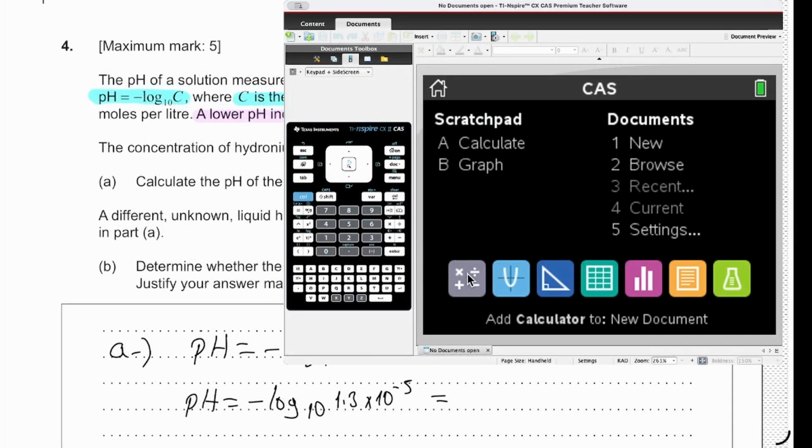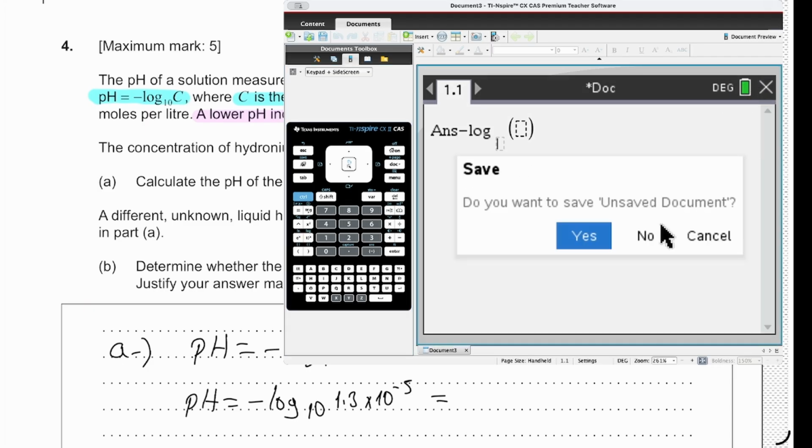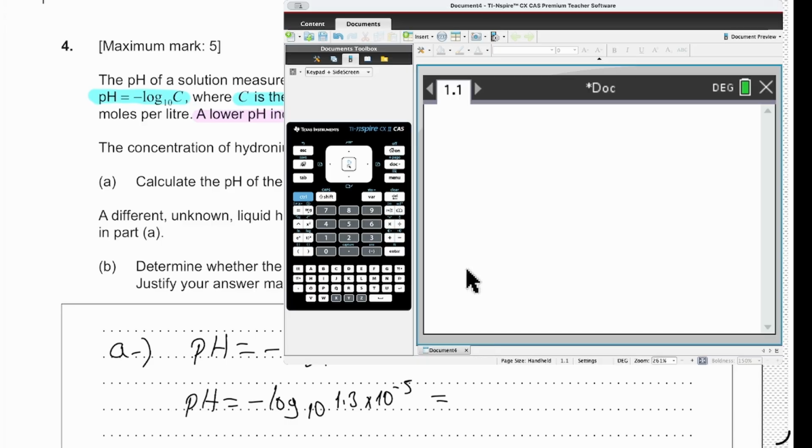So go to calculate, minus log, control log, not answer. Okay, click delete here. No. So what you need to do, just write log, control log 10, 1.3 times 10 to the power of minus 5, but this is a negative, right?